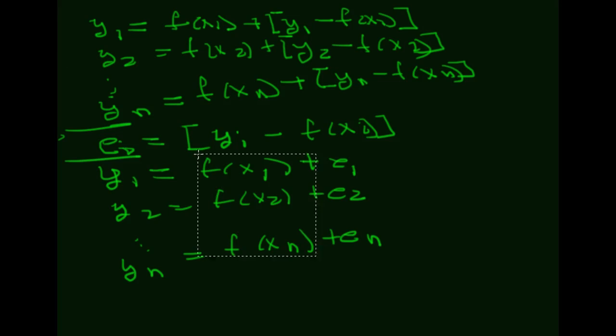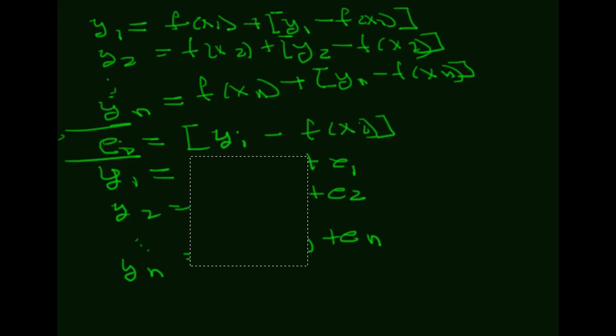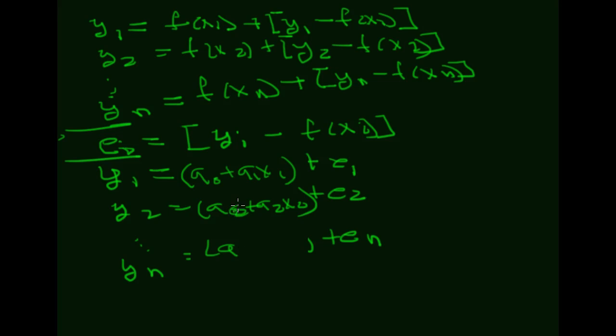Each of these f(x)'s, as I said earlier, is going to be represented by this line: a0 plus a1 times x1, a0 plus a1 times x2, a0 plus a1 times xn. So the function is actually the line plus some error.